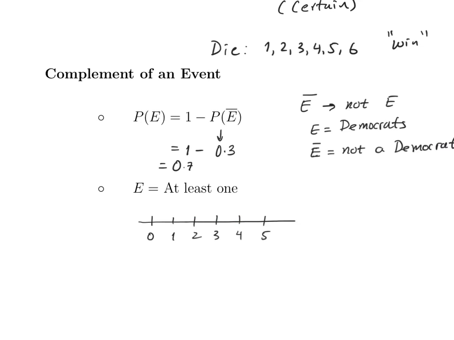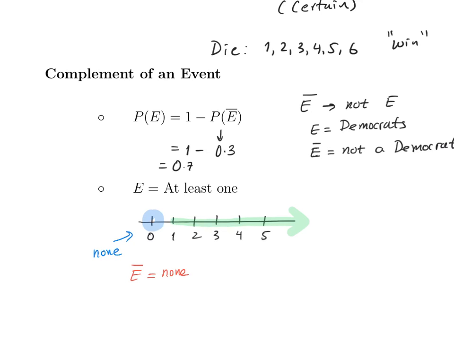So at least 1 is this part. Therefore the complement of at least 1 is only this one, which will be 0 or none. Hence, the complement of E in this particular example is going to be none.